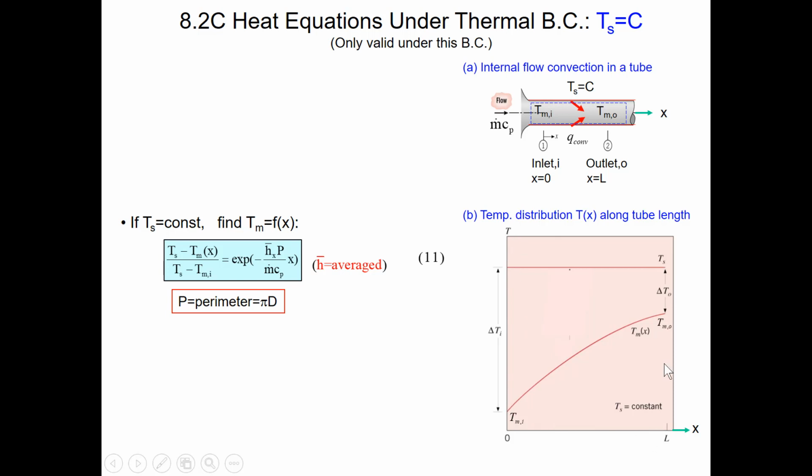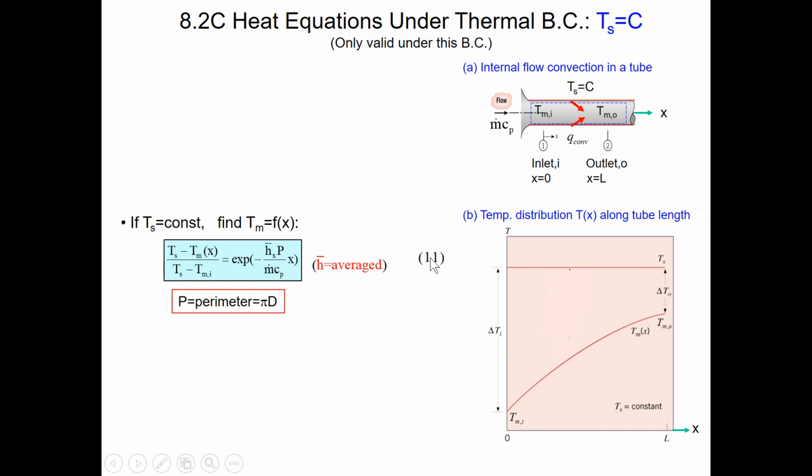This is the diagram that shows how the flow temperature changes over the tube length, with the temperature T in the vertical axis and location x in the horizontal axis.